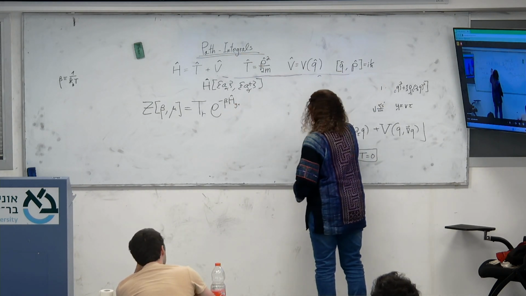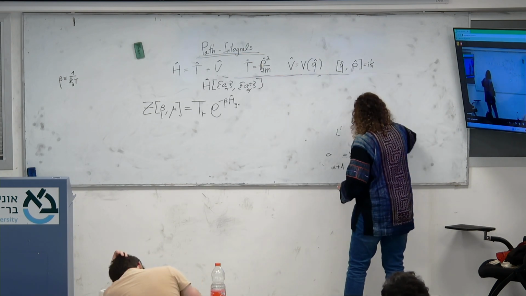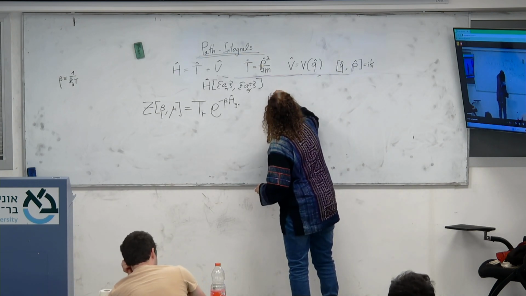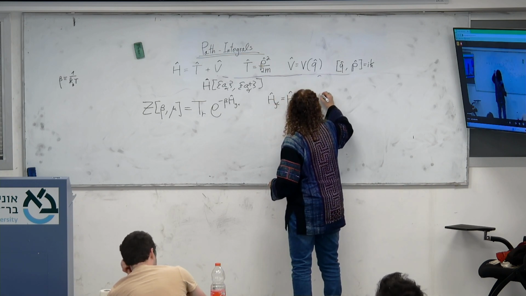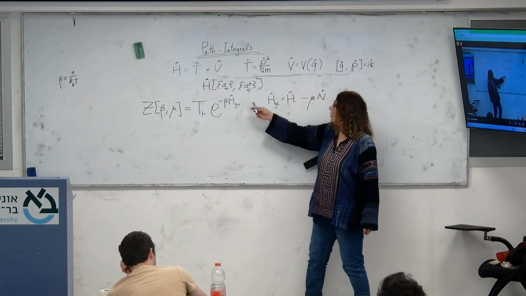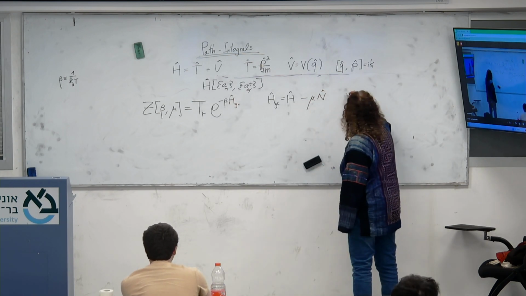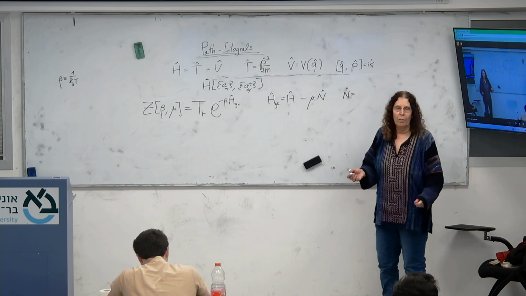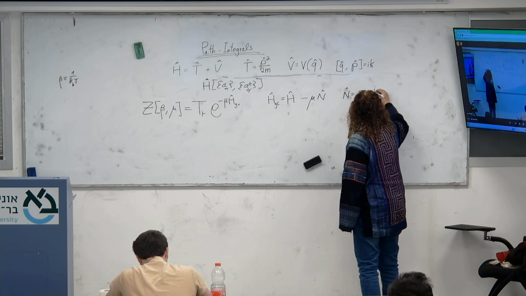Our Hamiltonian H grand canonical is some Hamiltonian H minus mu N, where H is written in terms of A and A dagger, but also the number operator is naturally written as the sum over alpha of A alpha dagger A alpha, right?